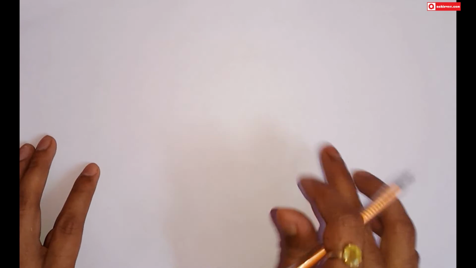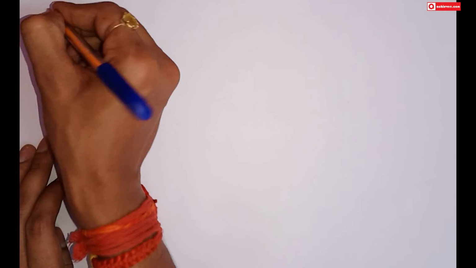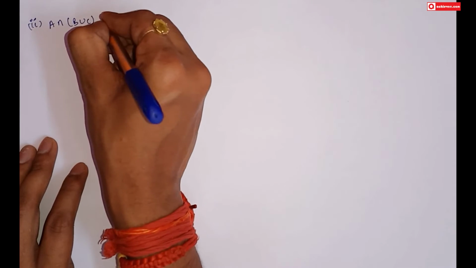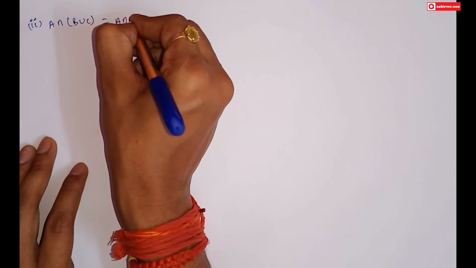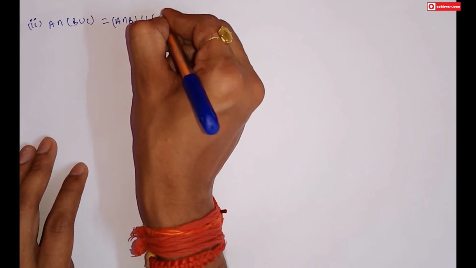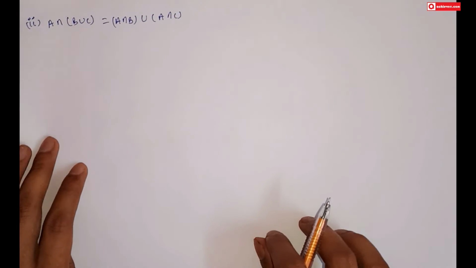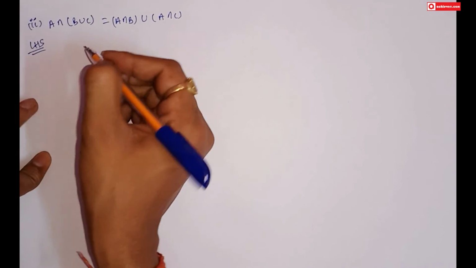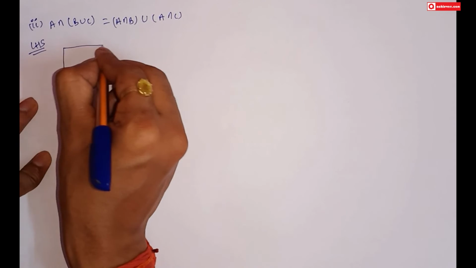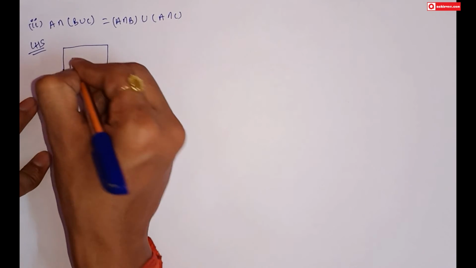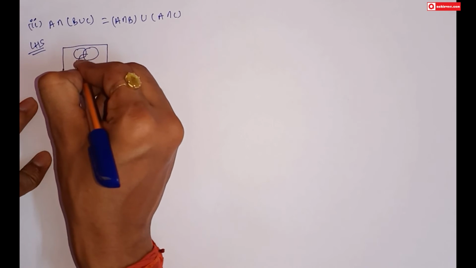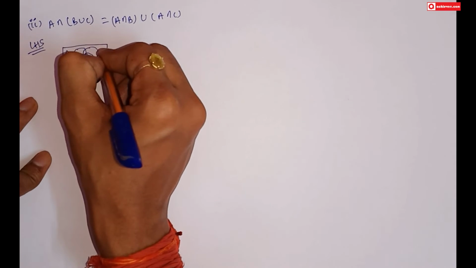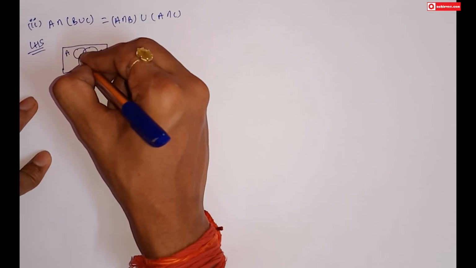So the second part in this is A intersection (B union C), that will be equal to (A intersection B) union (A intersection C). You can prove this by Venn diagram. So let's go with LHS. So first we'll go with B union C. What is B union C?